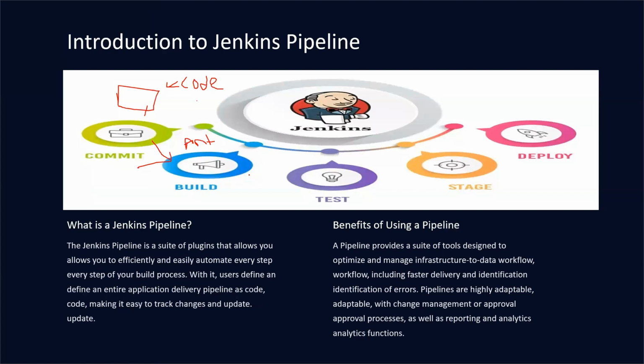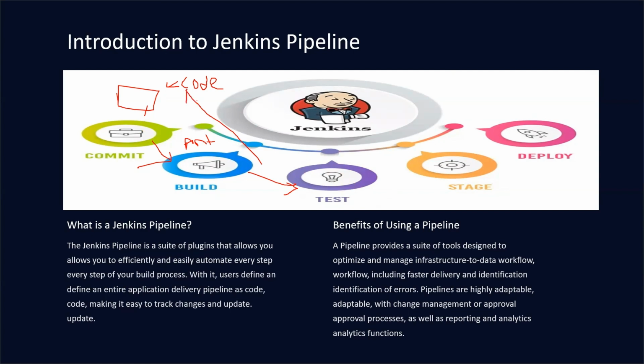Once building is done, we will send it for testing, right? The testing team will do the testing by JUnit, or we have unit testing, we have performance testing. Once the testing is done, if it is unsuccessful, it will go back to the coder.